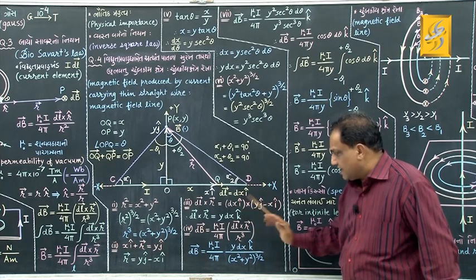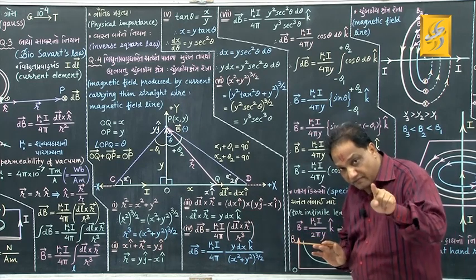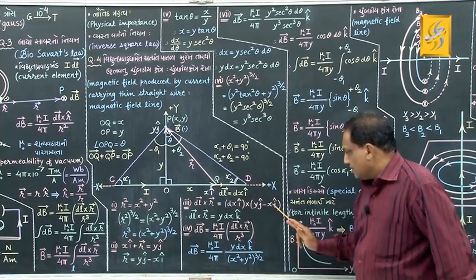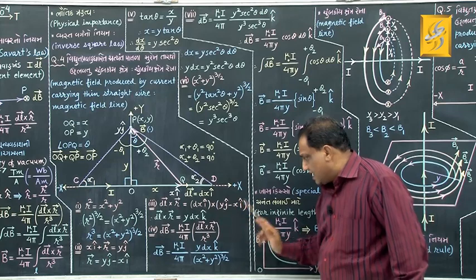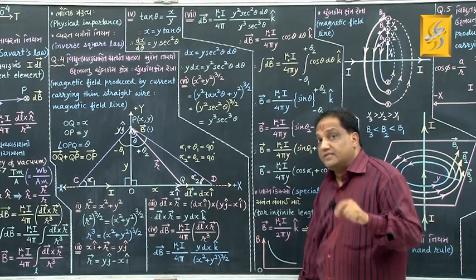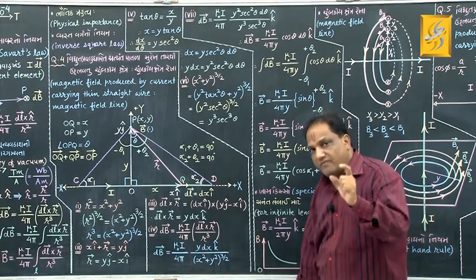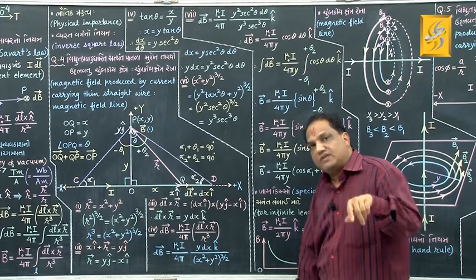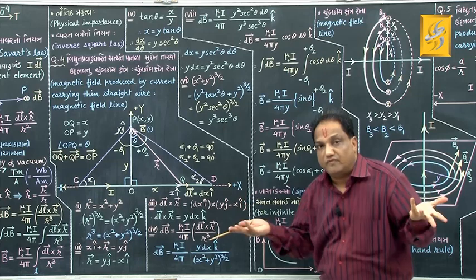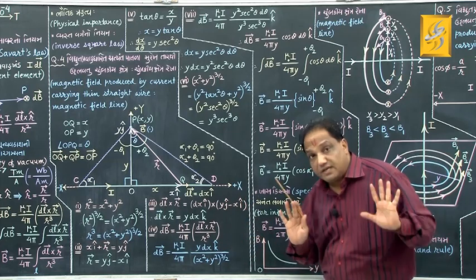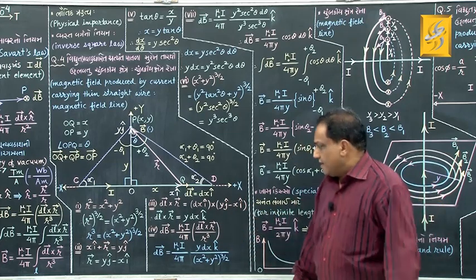The next term would be a zero vector, because x dx times i hat cross i hat is the zero vector, and there is no meaning of adding or subtracting a zero vector, so I am not writing that term.